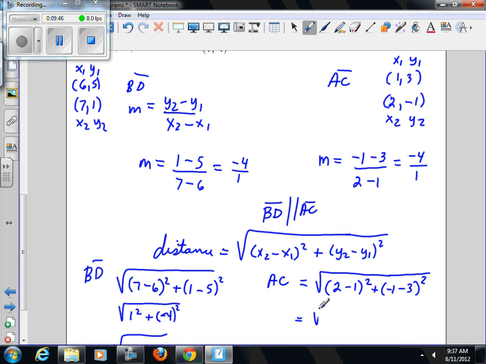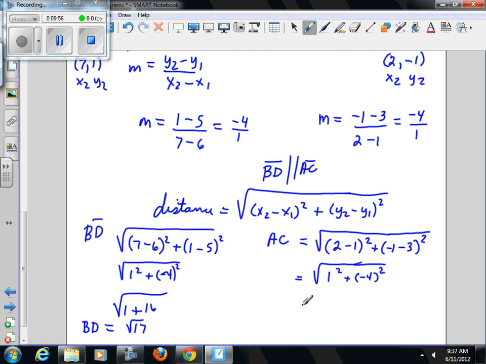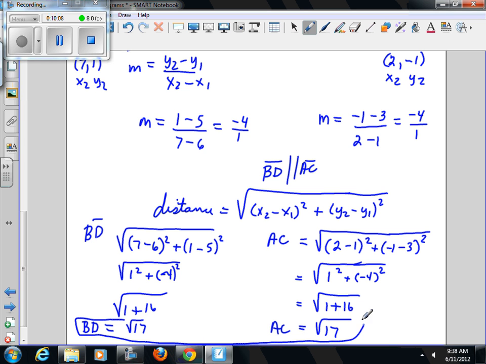So we end up with 2 minus 1 is 1 squared. Negative 1 minus 3 is negative 4 squared. This looks familiar. So we get 1 plus 16, and the length of AC turns out to be the square root of 17, so sure enough, they are the same length.